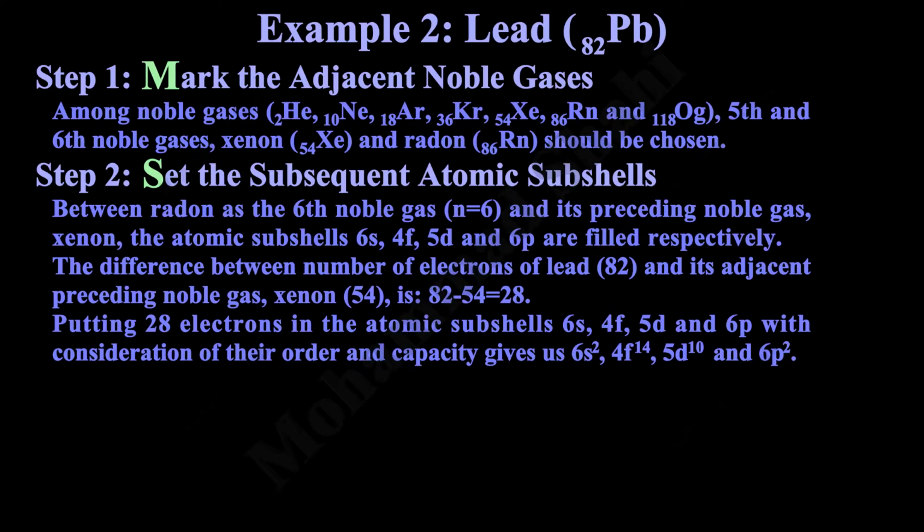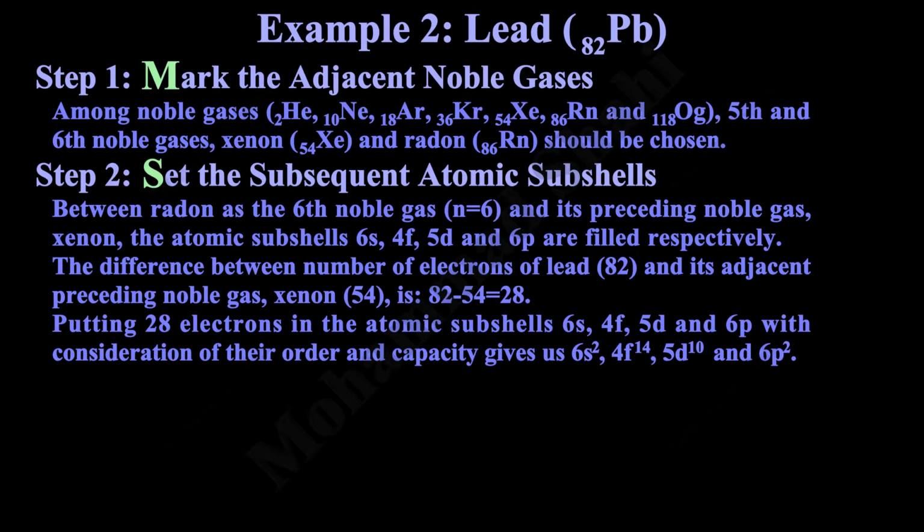Between radon as the sixth noble gas and its preceder, xenon, we have the filling of the atomic subshells 6s, 4f, 5d, and 6p respectively, which are supposed to have 82, atomic number of lead, minus 54, atomic number of xenon, equal to 28 electrons in this case.